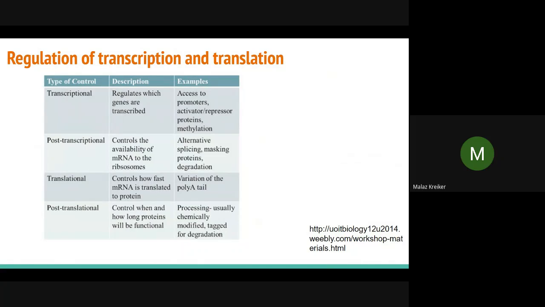Okay. And since we talked about transcription and translation, how they're done, it's also important to consider how these two processes are regulated. These two processes can be regulated when they are being done on the spot, and they can also be regulated after they are done.